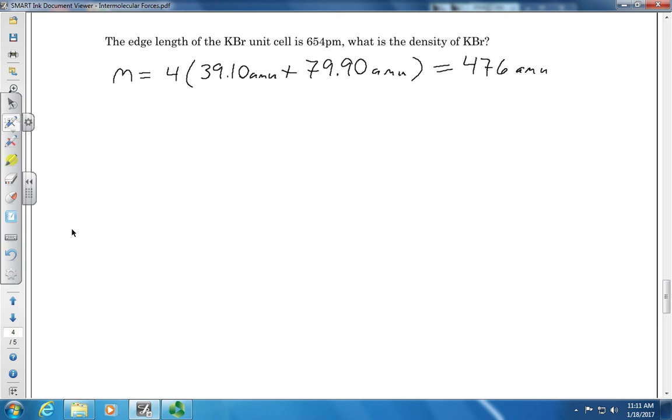And we can relate AMUs into grams by using Avogadro's number.